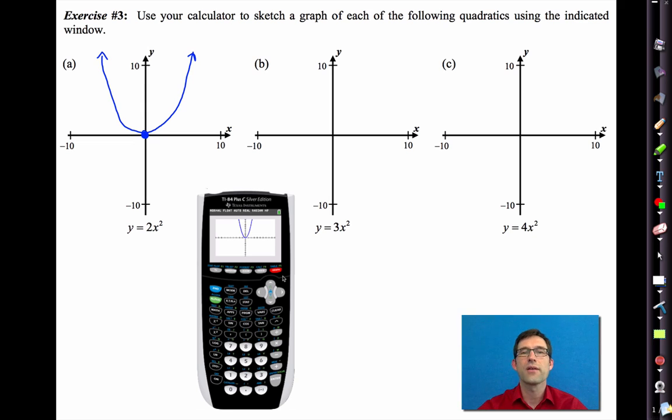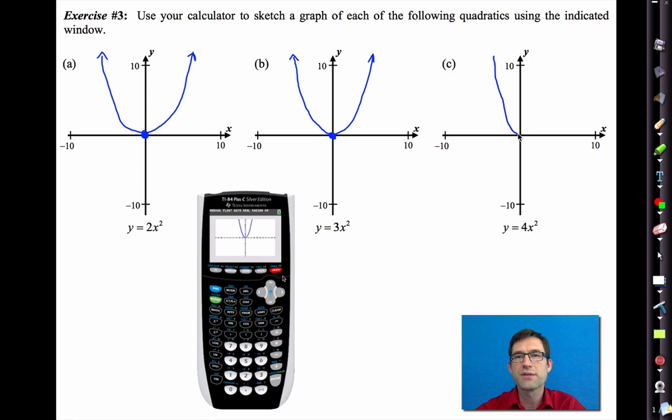All right, let's take a look. Well, y equals 3x squared didn't look too different from y equals 2x squared. In fact, unless we have them on the same graph grid, it's actually hard to tell much of a difference at all. There is a difference, and we'll explore it in future lessons, but for right now, same deal. It opens upward, and it passes through the origin. y equals 4x squared is more of the same.